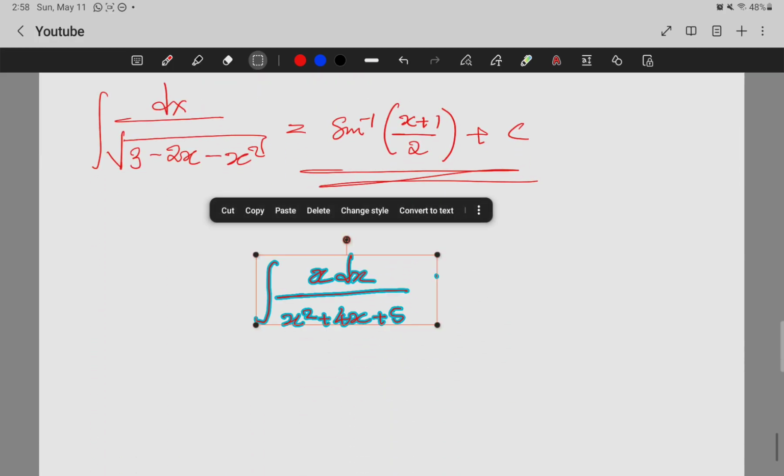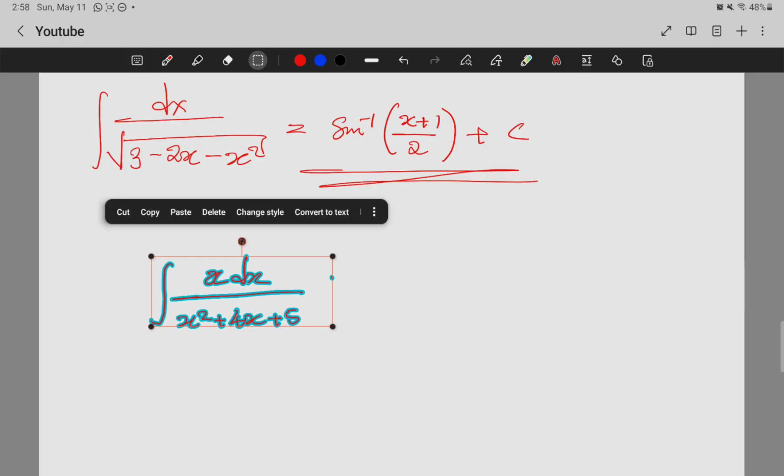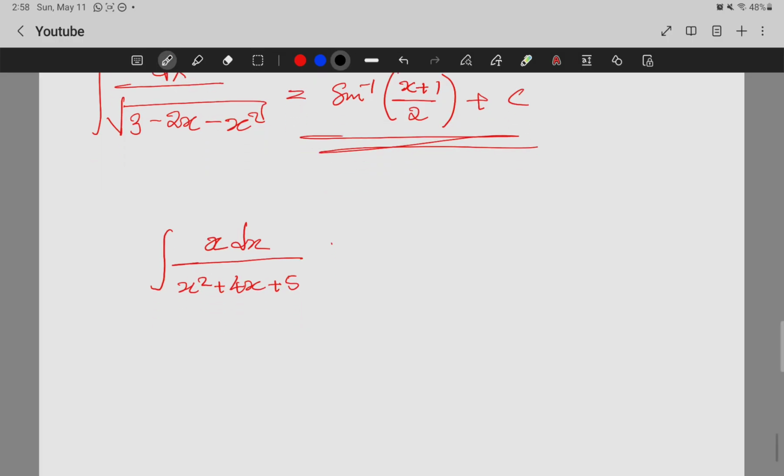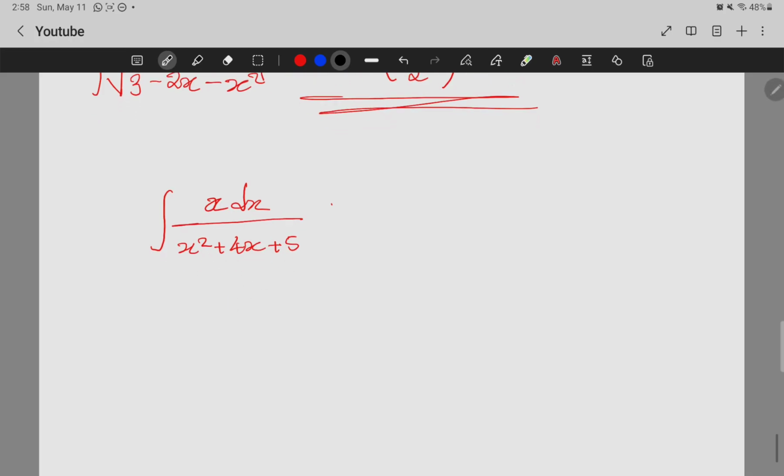The way it looks, if we let u be equal to that denominator and then differentiate u, it might not work, because when we differentiate, we'll have 2x plus 4. And this has nothing to do with that numerator, so it won't work, because we want, when you differentiate, to get something related to that numerator, which is just an x. So here, straight away, algebraic substitution will not work.